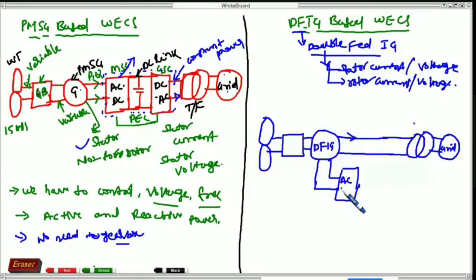This is AC to DC. DC link voltage. This is DC to AC. Right?